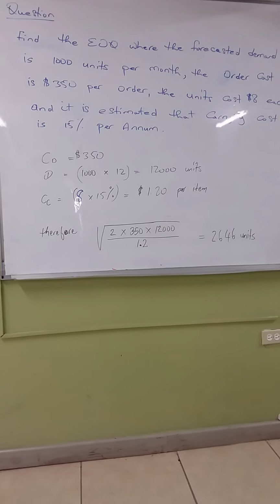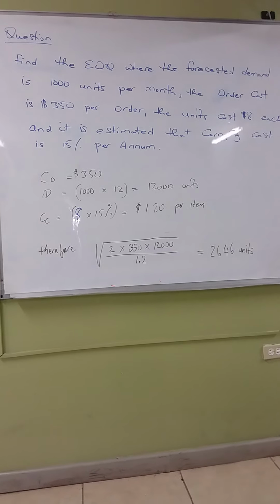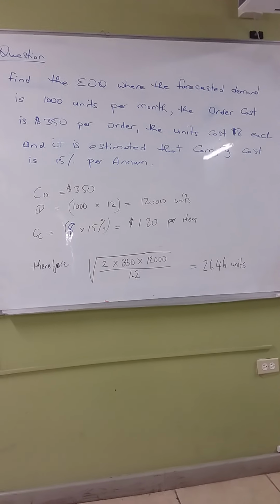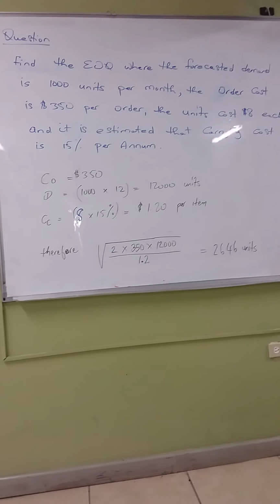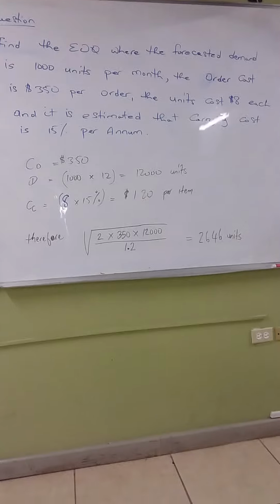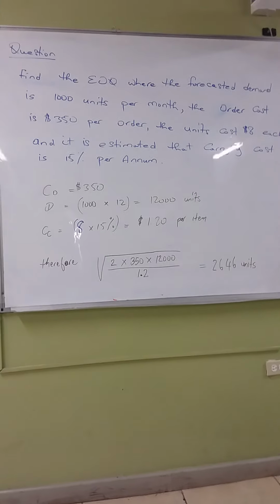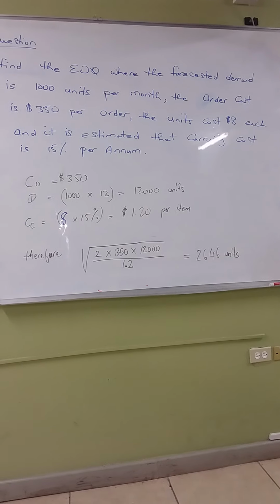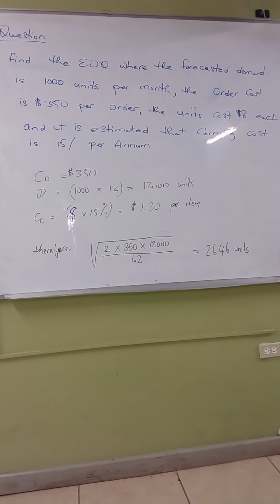Now first we've got to write out what we have. We have our CO. Remember what CO means in the formula? The CO means ordering cost. Then we look to find our D. What is D? Annual demand. The question states that the forecasted demand is 1,000 units per month.